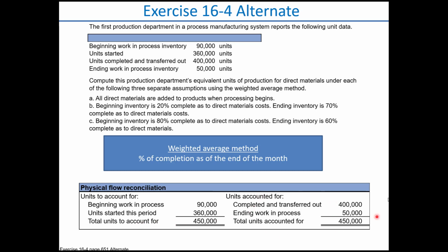Then on this section, we're looking at the completed and transferred out. So the 400,000 plus the ending inventory also equals 450. So this shows the physical flow reconciliation. So you can just plug these numbers in, and you should be able to compute this number for your homework and exam.